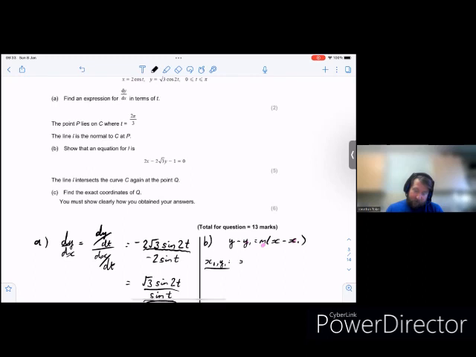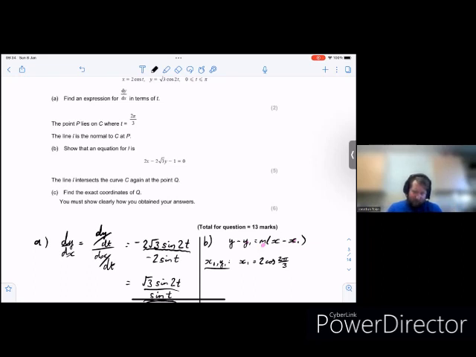So x1 equals 2 cos 2 pi over 3. So 2 pi over 3 is 360 over 3, which is 120.